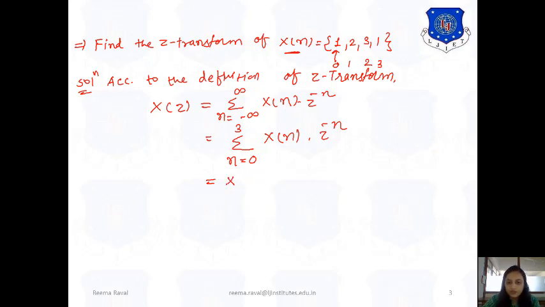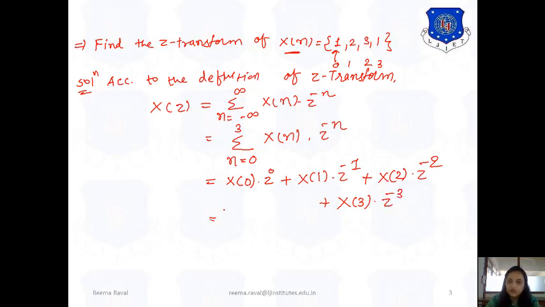First of all, we will place n equals 0 in this, that will be x of 0 into z raised to 0, plus now next will be n equals 1, so that will be x of 1 into z raised to minus 1. Now n equals 2, that will be x of 2 into z raised to minus 2, and now n equals 3, so it will be x of 3 into z raised to minus 3, right?